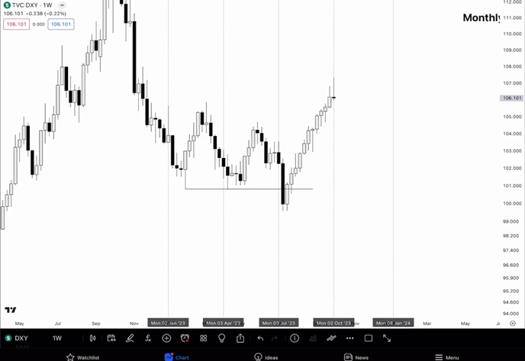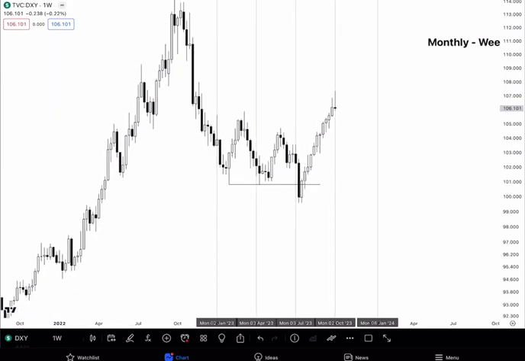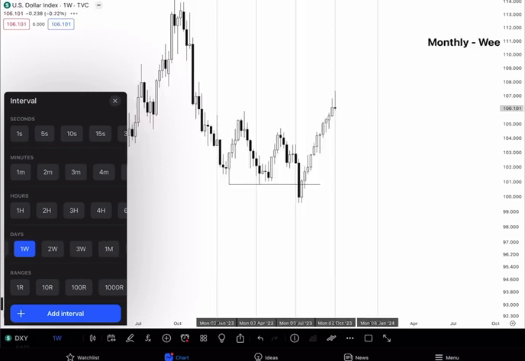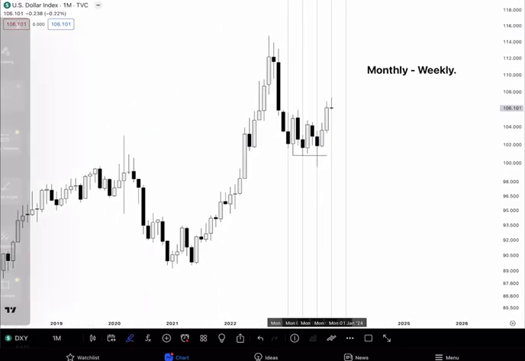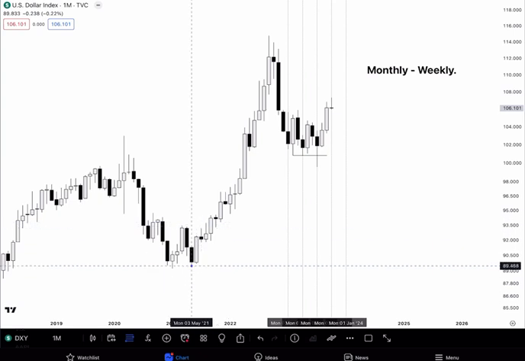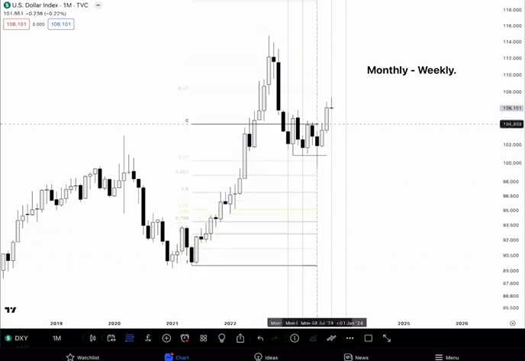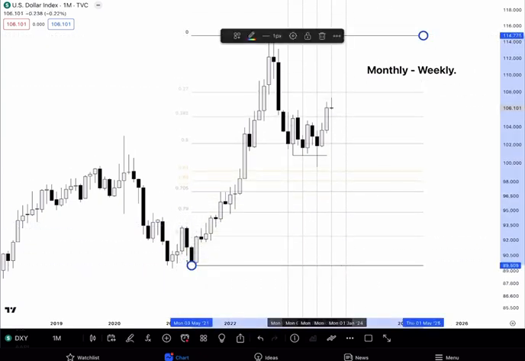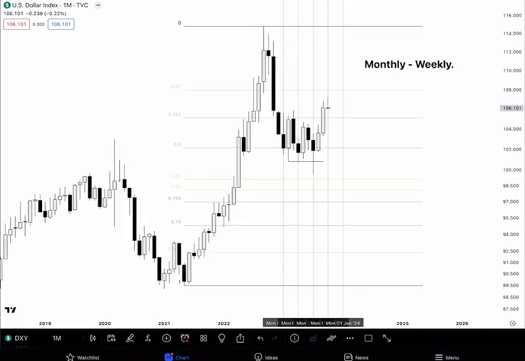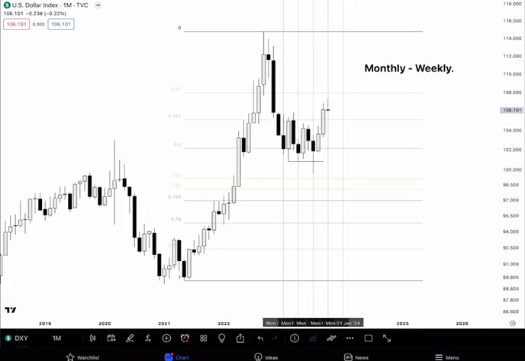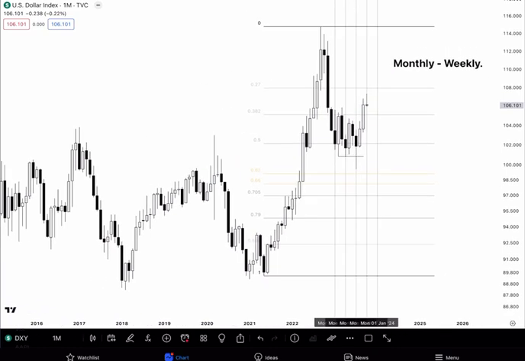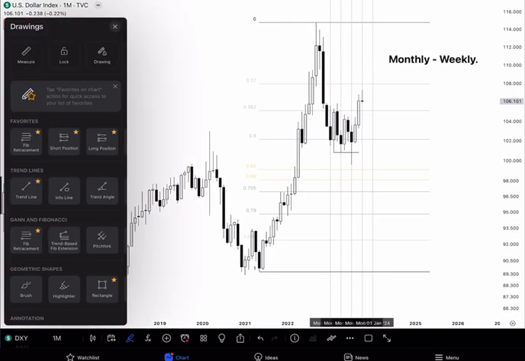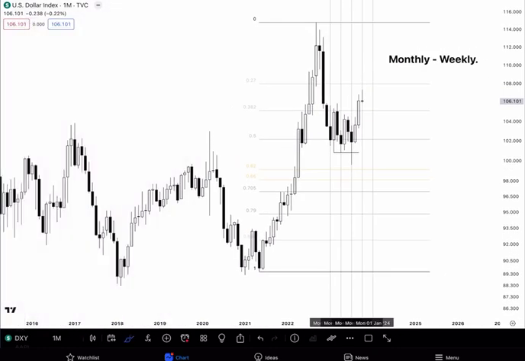The monthly on the dollar, from a simple PDRA perspective, premium discount, right? You pull a fib, low to high, right? We're sitting at the 50%, and the 50% of any price leg, right, is an important key level.